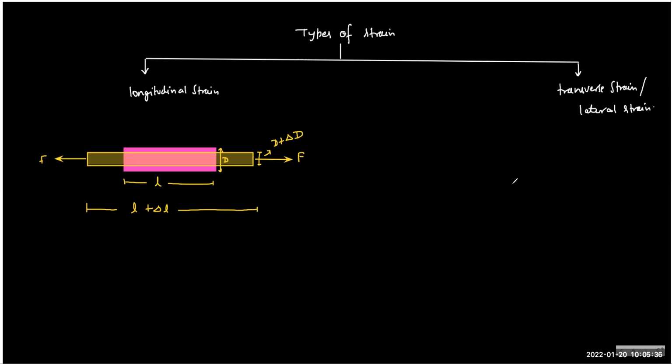Can you repeat again? So longitudinal strain is epsilon L and transverse strain is epsilon T. The longitudinal means along the force, not the length. If I'm applying the force towards right and left, then any deformation along the force we call longitudinal.